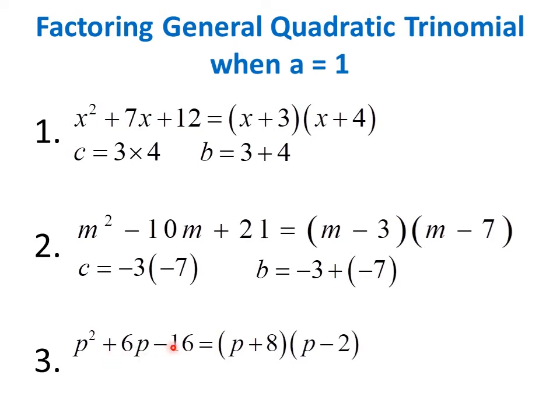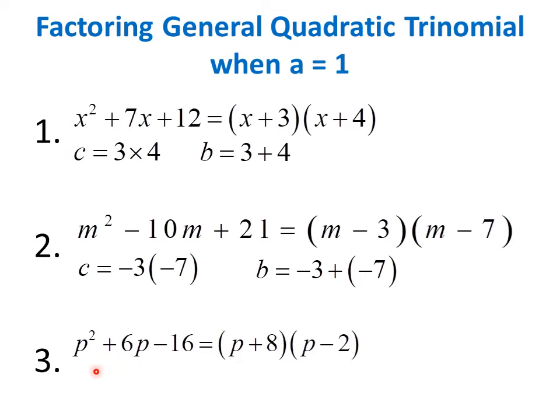How about the signs? Since the third term is negative and the second term is positive, we know that one of the numbers should be positive and the other should be negative. But which one is positive? Is it the smaller or the larger number? Since the sum here should be positive, the larger number should be positive.